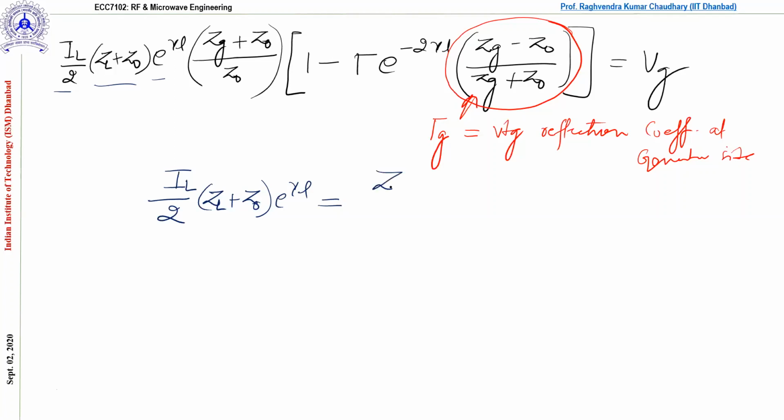So this will be Z naught by (ZG plus Z naught) into VG, a very nice term we are getting, over 1 minus gamma G e to the power minus 2 gamma L. So both the reflection coefficients are now in the picture.